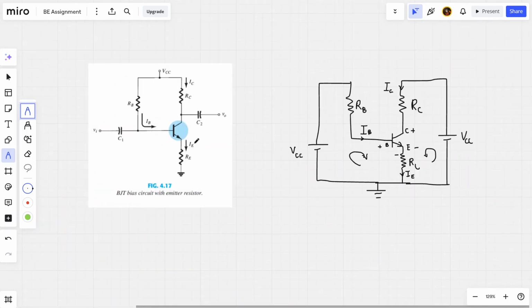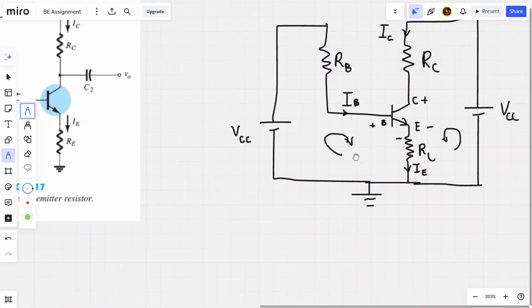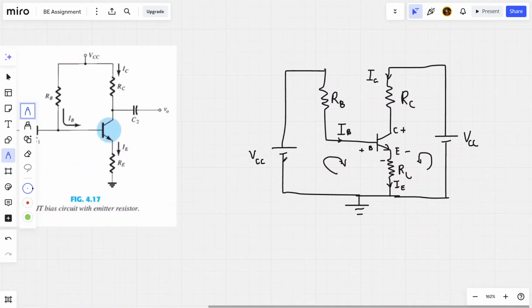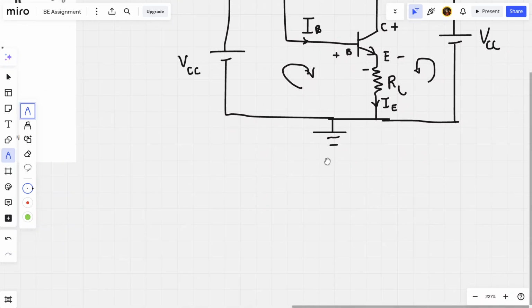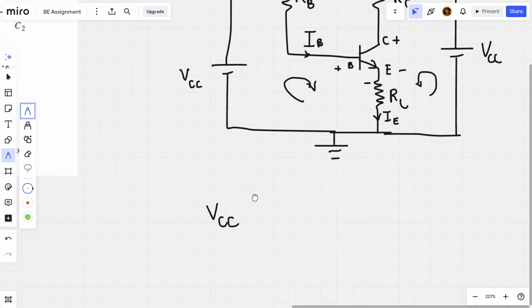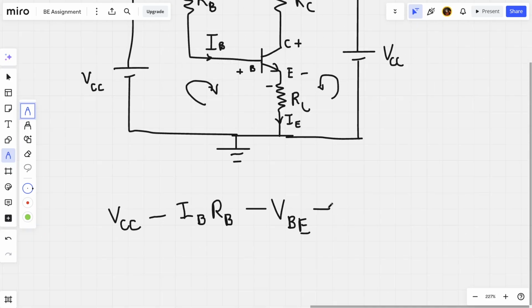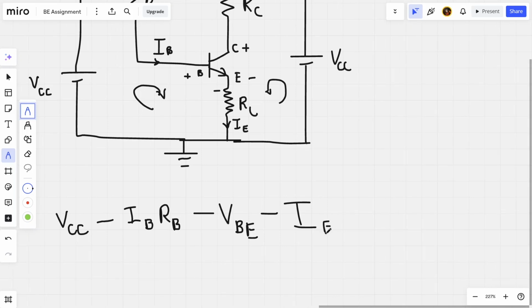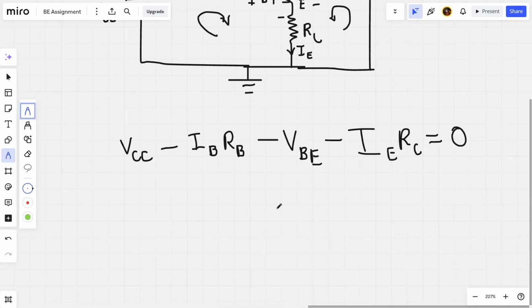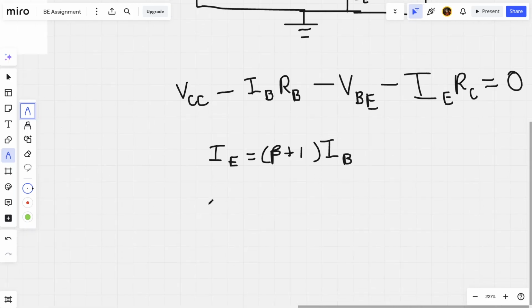So first of all, let's take a look at this loop. If we move from VCC in this direction, we will get something like this. Here we can also write IE as beta plus 1 times IB. So let's do that.